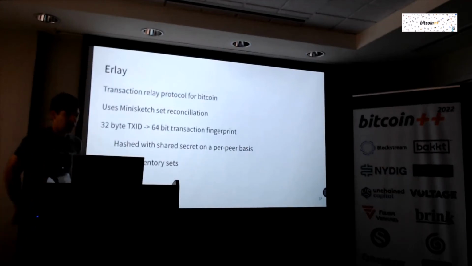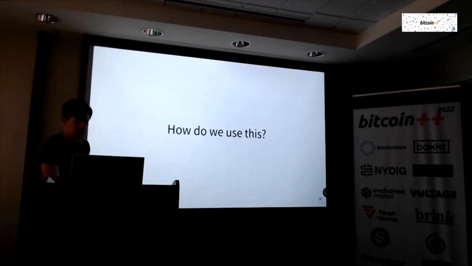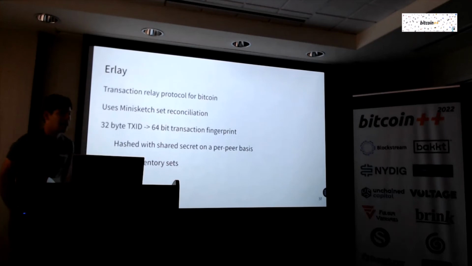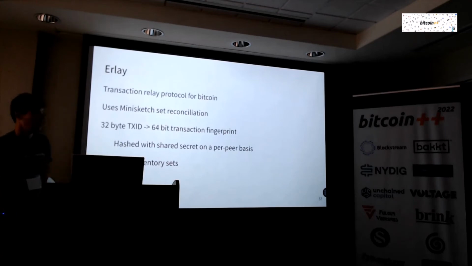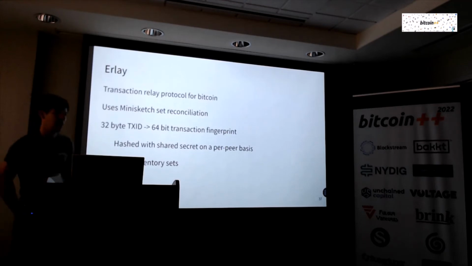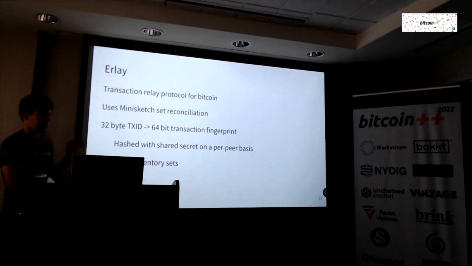All right, so just some background on how we're going to use this. Bitcoin ran into a fairly similar problem that Lightning Network Gossip was facing, the issue of transaction relay also not scaling very well with flood propagation.